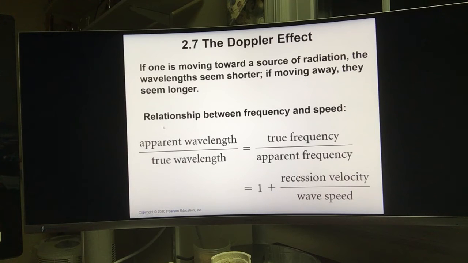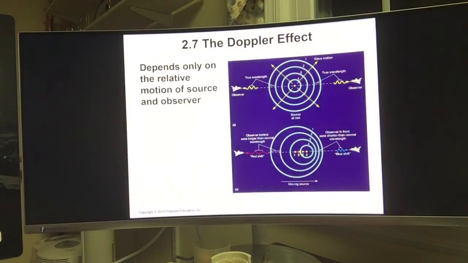Again, this is an equation which you don't have to know for calculation purposes, but instead I'm going to show you this diagram here. For the first diagram, we have an observer here, and this is the object. The object is emitting light in all different directions.